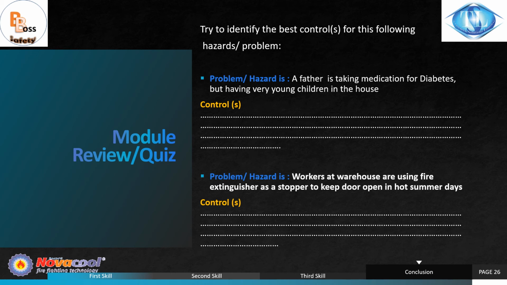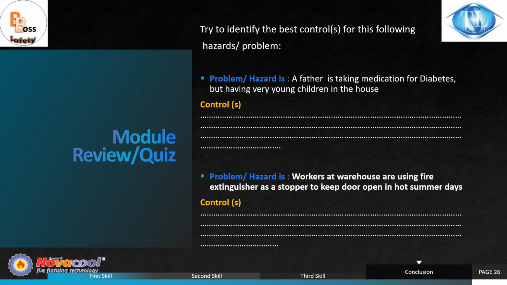Second one, it's a warehouse. Sometimes it's hot, or they are carrying boxes and they don't want the door to be opening and closing. So the easiest thing is they take the fire extinguisher from the wall, from the bracket, and use it as a stopper.